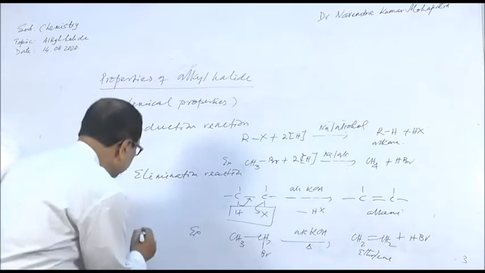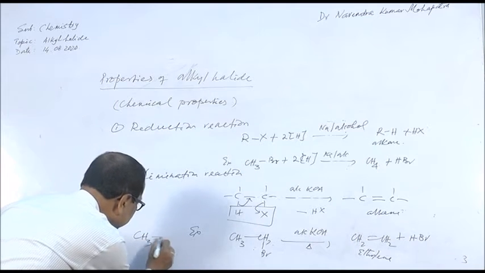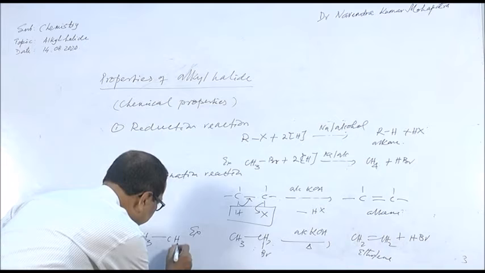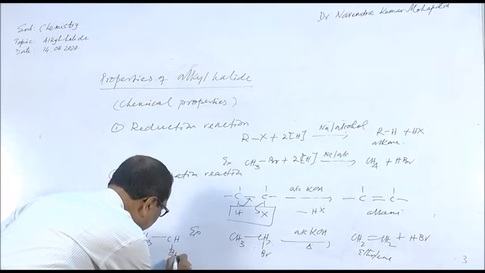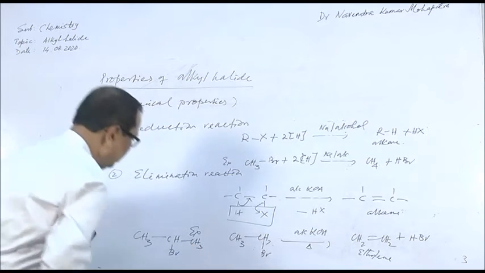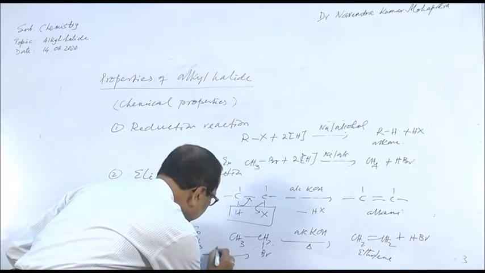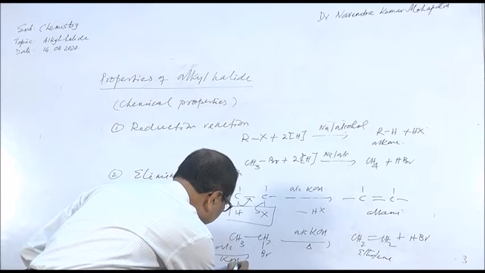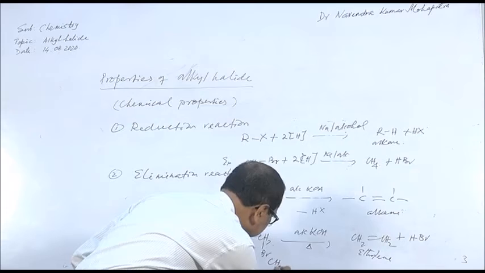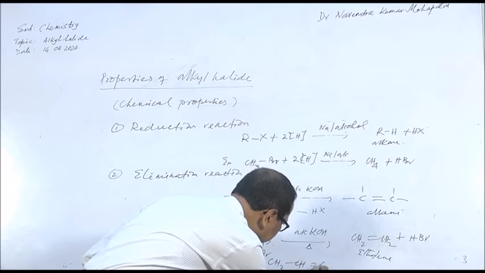For example, in case of CH3CHBrCH3 with alcoholic KOH, the product formed will be CH3CH=CH2.